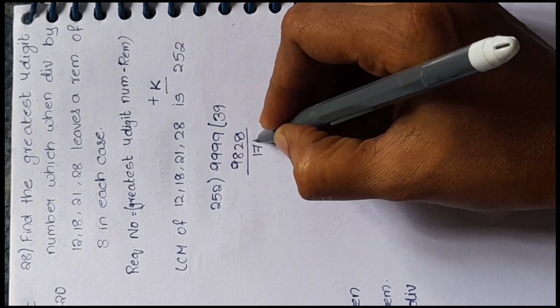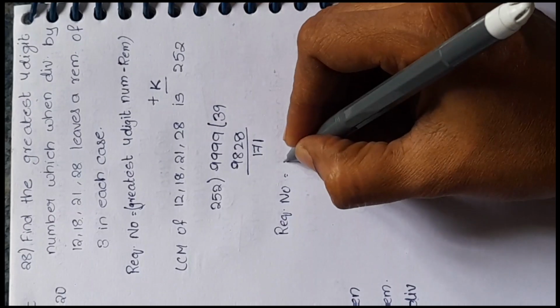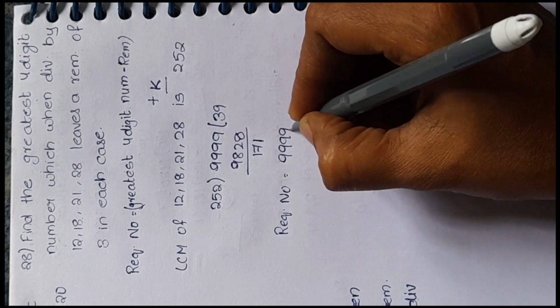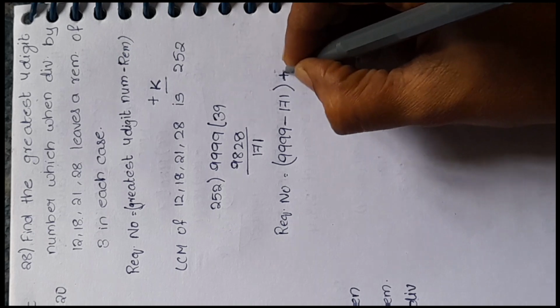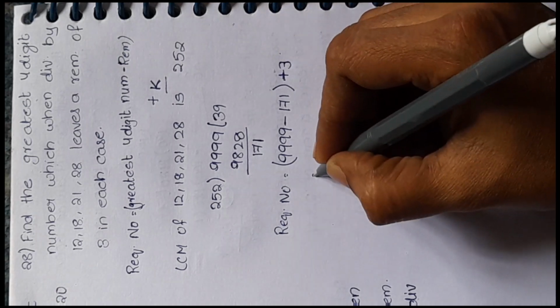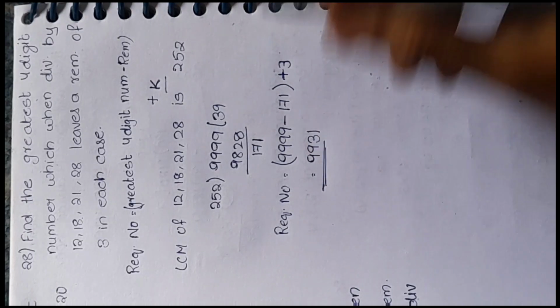The remainder is 171. Now the required number is equal to the greatest 4-digit number 9999 minus the remainder we got, 171, plus the remainder given in the question, that is 3, which is equal to 9931. 9931 is the required number.